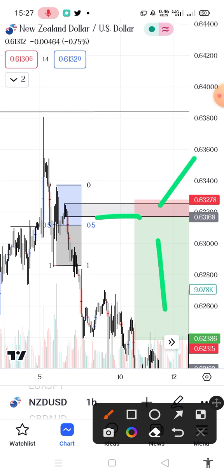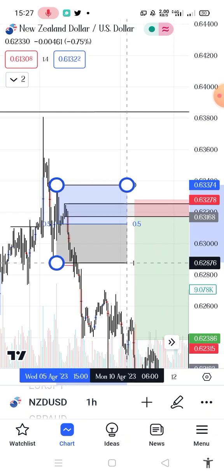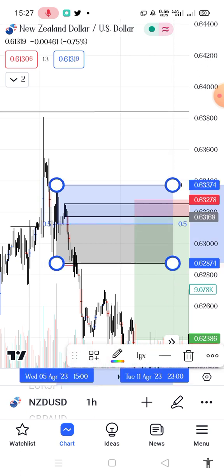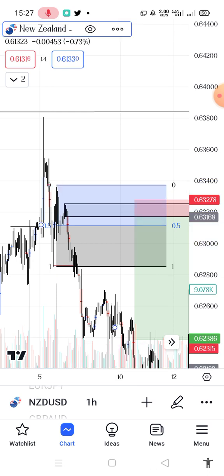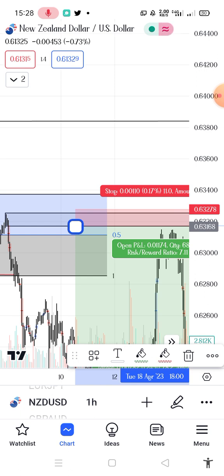So you just move this box to the side. Bring it down a bit, move it like this. Then you tap on this thing here, shift it, then bring it down.